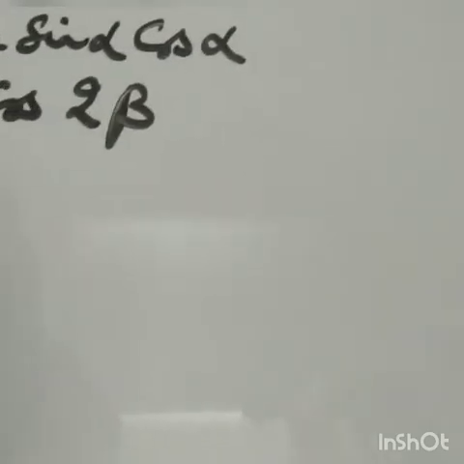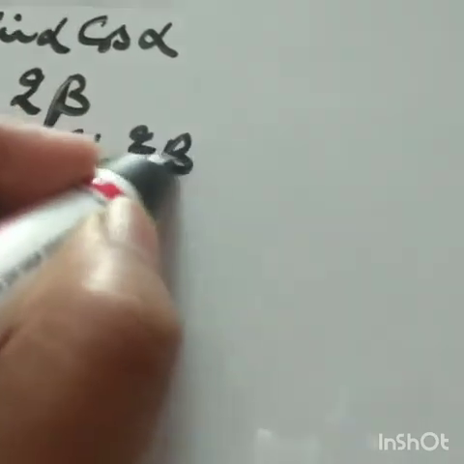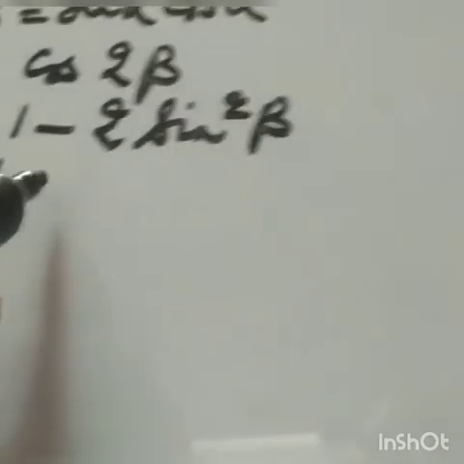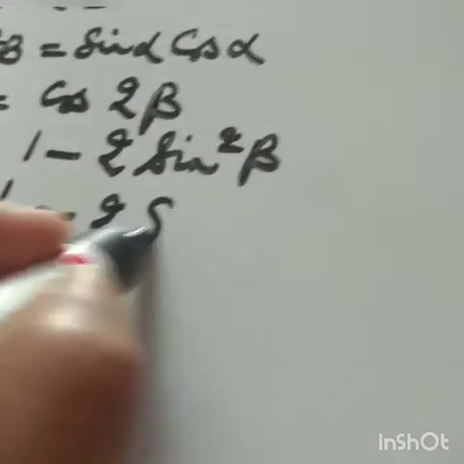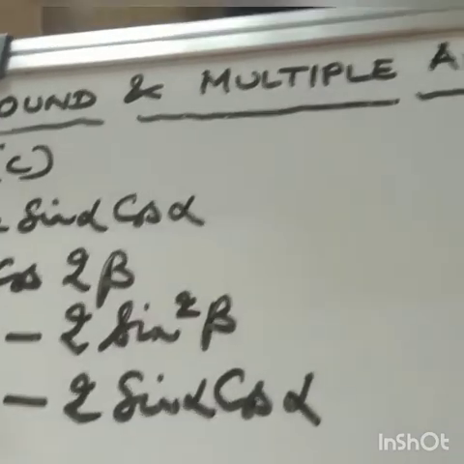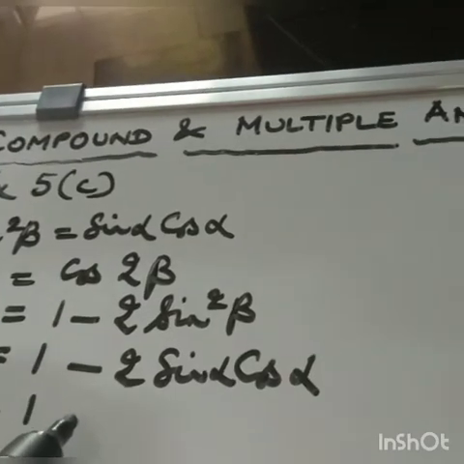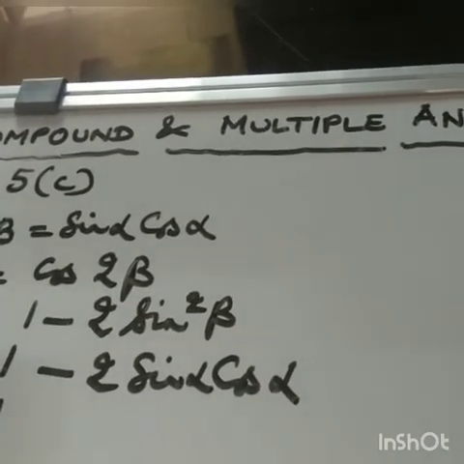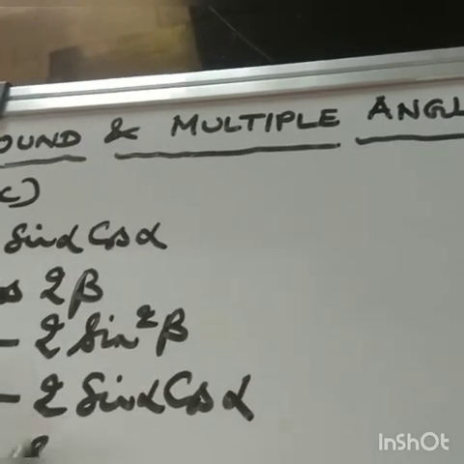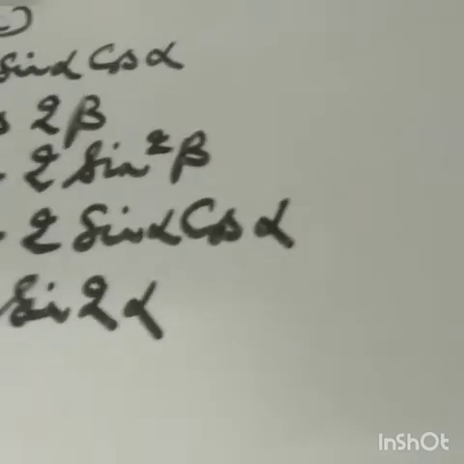Now cos 2 beta could be written as 1 minus 2 sine square beta, and sine square beta is sine alpha cos alpha, so this is 1 minus 2 sine alpha cos alpha, which is again equal to 1 minus sine 2 alpha. I hope this much is very clear.